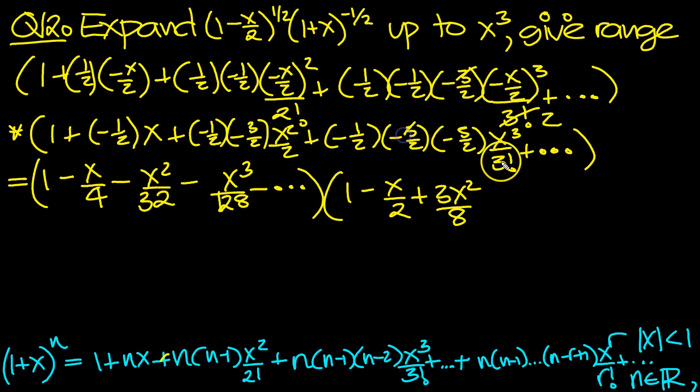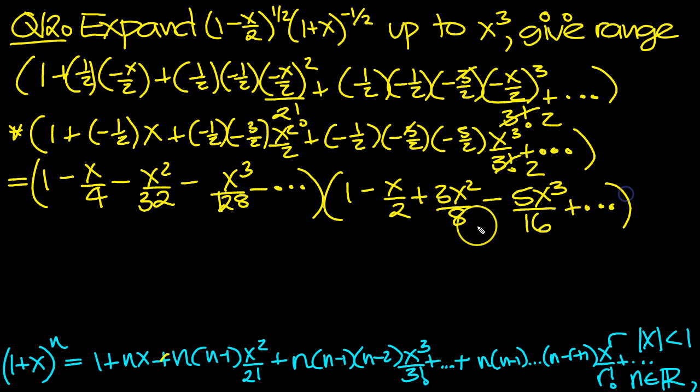The 3 here will cancel with this 3 factorial to leave just 2. There's a 5. There's 1, 2, 3 minuses making a minus. There's a 5x cubed on top. Over 2, 4, 8, 16. Plus dot dot dot.